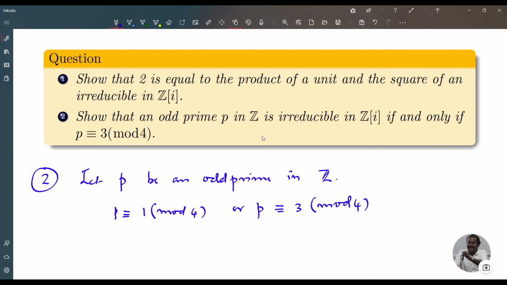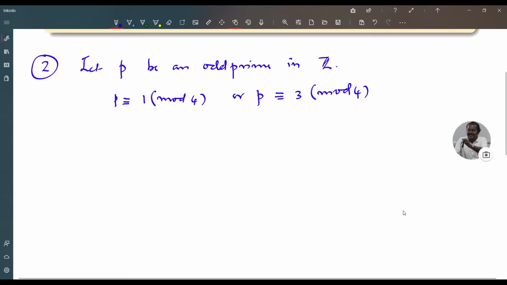Since p is an odd prime, p is congruent to 1 mod 4 or p is congruent to 3 mod 4. And by Fermat's p equals a squared plus b squared theorem, if p is congruent to 1 mod 4, then p is equal to a squared plus b squared.